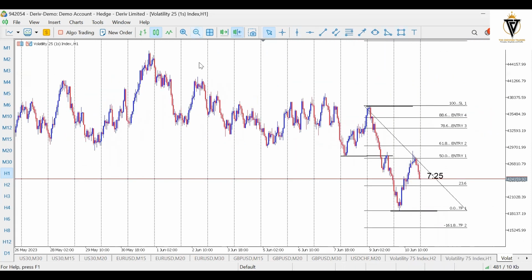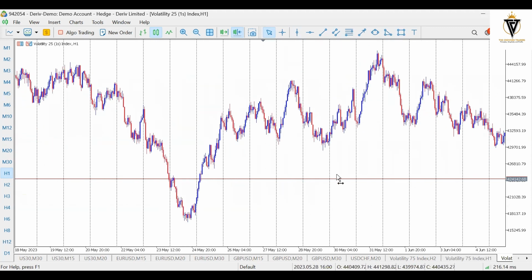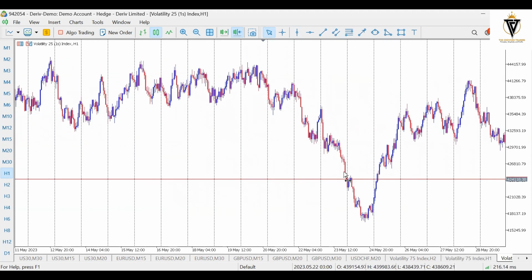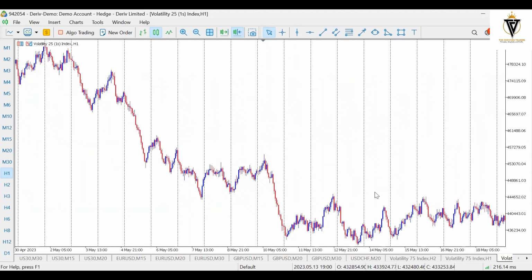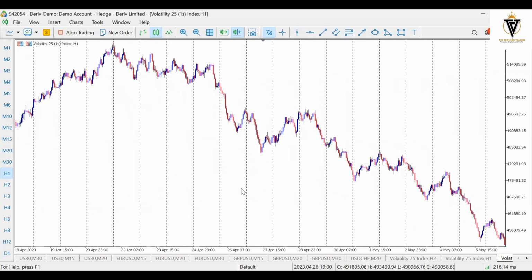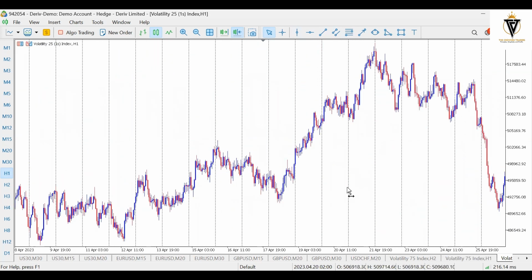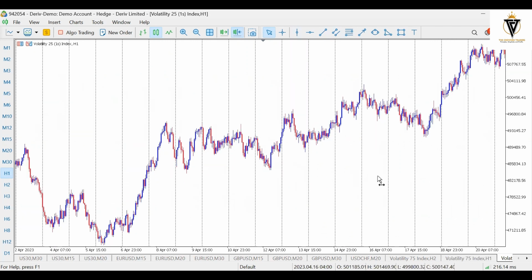Let me look for a bullish scenario that we can use for our example. The structures are clear enough.